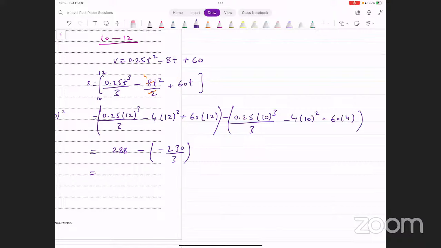Okay. I think I'm doing some error somewhere. 288 minus this. This is fine. There's some calculation error, I think, somewhere. Can somebody confirm what these values turn out to be?